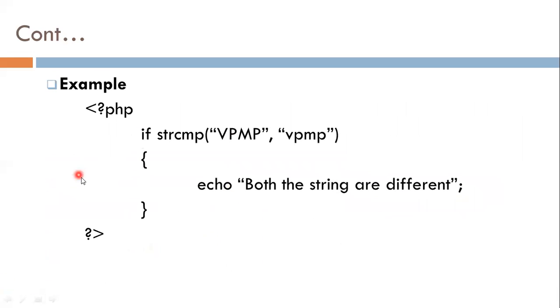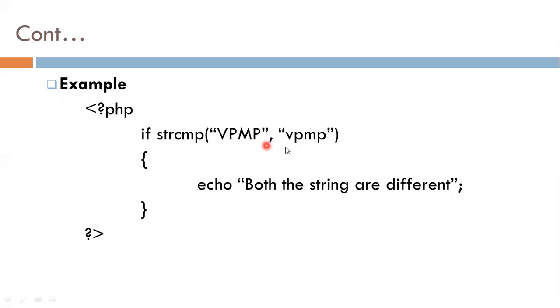Now in my example, I use the string comparison function in an if statement like this. If, then I write the condition strcmp. My first string is VPMP in uppercase letters, then comma, and the second string is also VPMP but in lowercase letters.